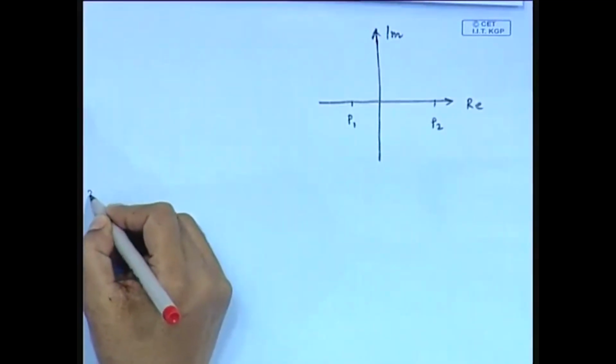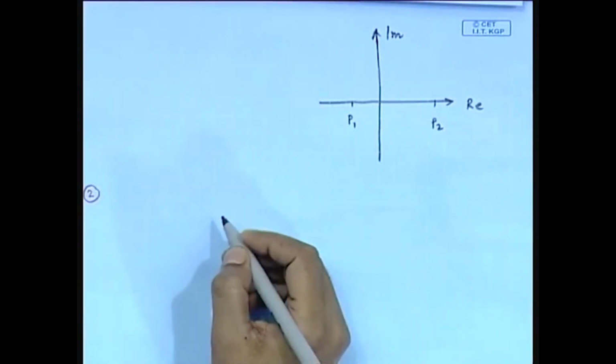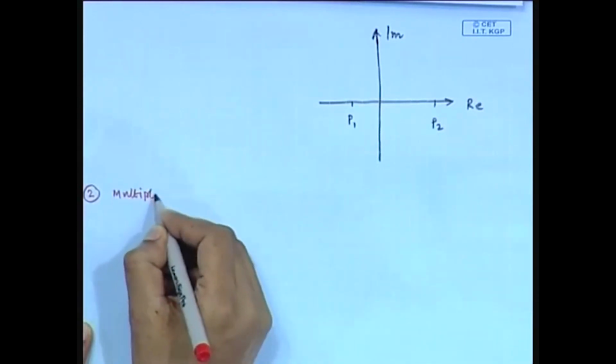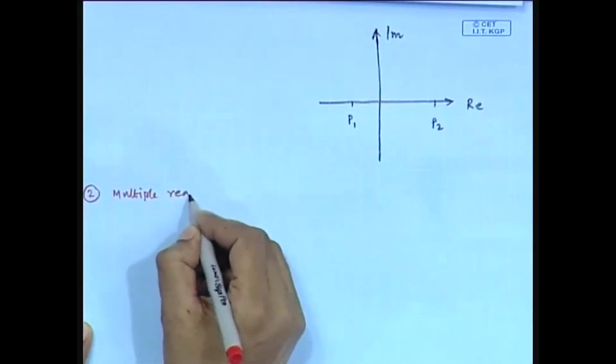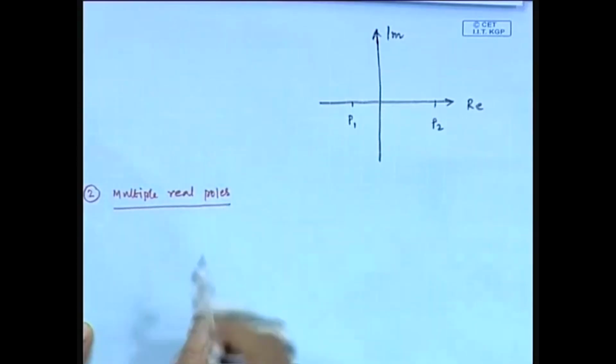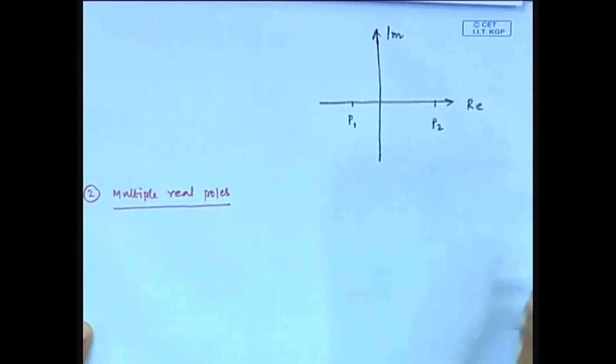In the second case, we will consider multiple real poles. That pole is here P3 and it is repeated m times.